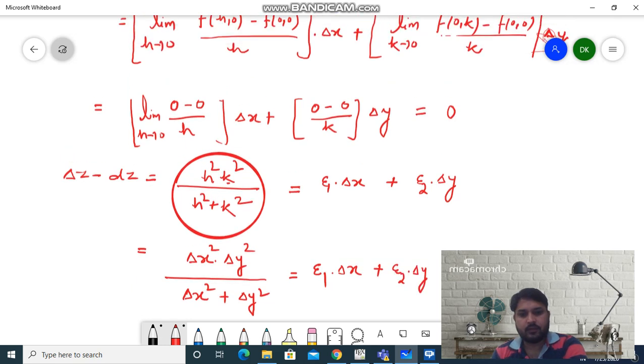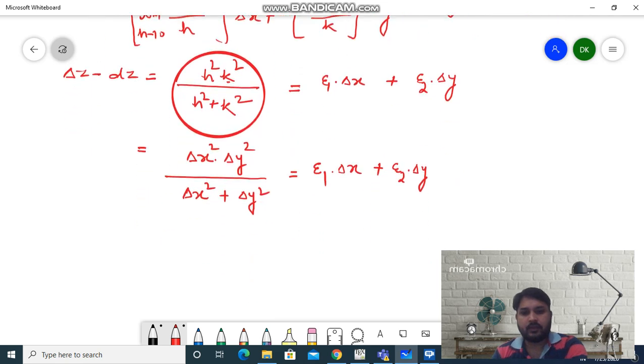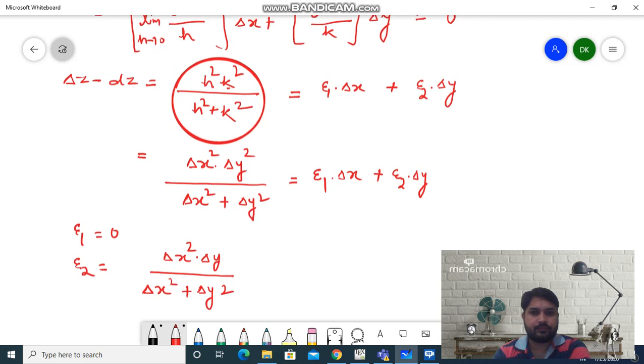Here we can assume that epsilon 1 is equal to 0 and epsilon 2 is equal to delta x squared into delta y upon delta x squared plus delta y squared.